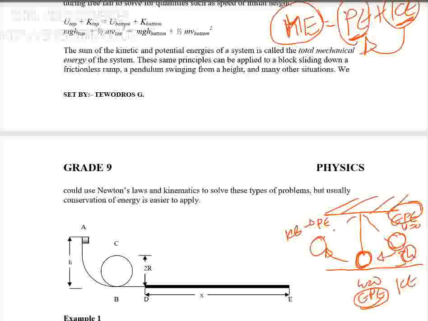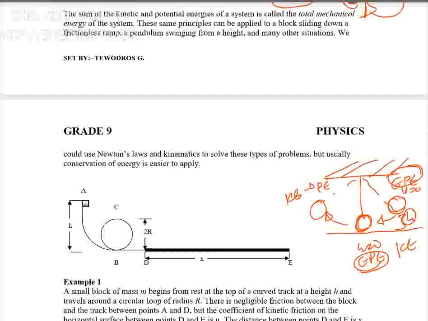Therefore, the sum of the two always becomes constant. That means, let us say this one is point A, point B, and point C, and this one is D and this one is E. If you are calculating at A, B, C, D, or E, you can get the same value of gravitational potential energy plus kinetic energy.